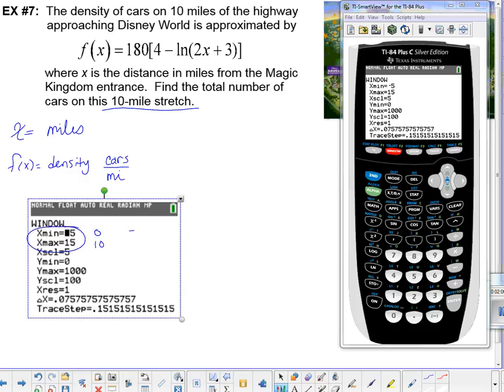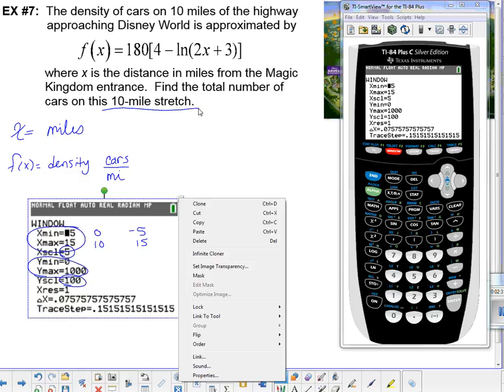I just chose mine set from -5 to 15, and I know I'm counting by 5s because that's what I set my scale at. When I did zoom fit, I also found out that the function went up to like 900 and something. So I said, you know what, I'm going to go up to 1,000. So I did 0 to 1,000, and I'm counting by 100. So a tick mark's going to occur on the y-axis every 100 units.